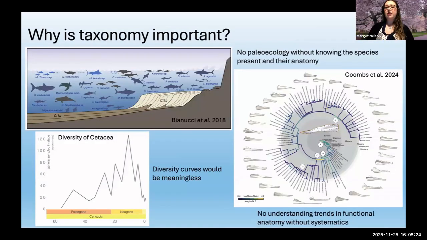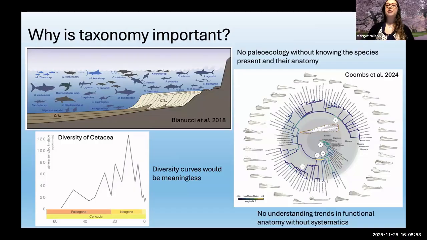So why is taxonomy important? It's basically the foundation of everything we do. We need to understand where something sits in terms of its phylogeny and its closest relationships. There's no paleoecology without knowing the species' presence and their anatomy. You might know, okay, we have small dolphins, but that doesn't tell us a whole lot about the various ecologies unless we know the full diversity of all those small dolphins.